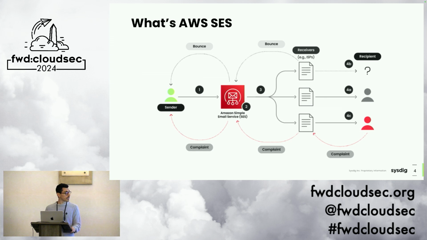What is really interesting instead is what you need to do in order to enable SES in an AWS account. When you want to start using it, you need to enable it. But when you enable it, you start in what they call sandbox mode. In sandbox mode, you can only send email to verified or pre-verified addresses, and you have a very limited amount of email that you can send per day. In order to move away from sandbox mode, you need to open a ticket with AWS.